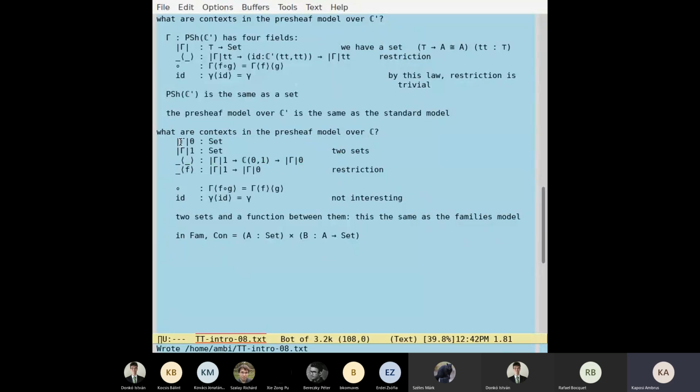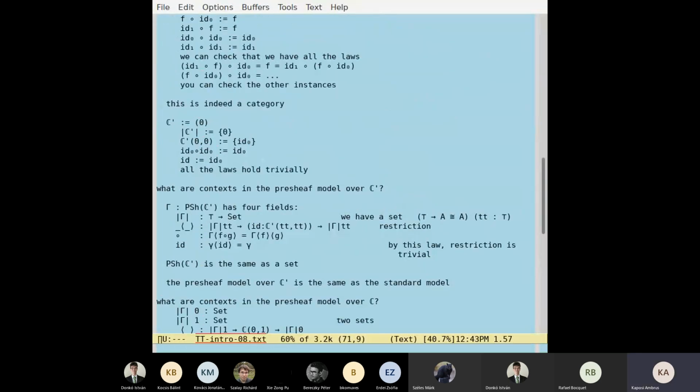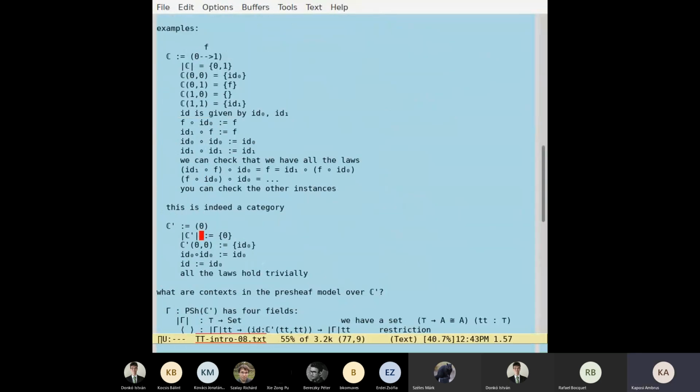Oh, sorry, there was a question. So gamma 0, in presheaves, you have a family of sets over the objects of the category. So for every element of the category, you have a set. So now we have two sets, right? We have gamma 0 and gamma 1. It's a notation if you write it in lower or upper index, but I would write it this way, in fact.